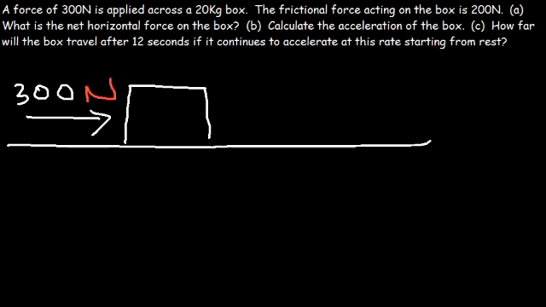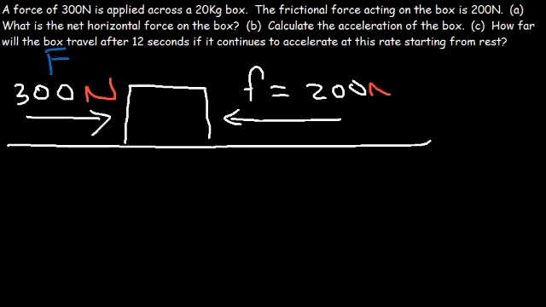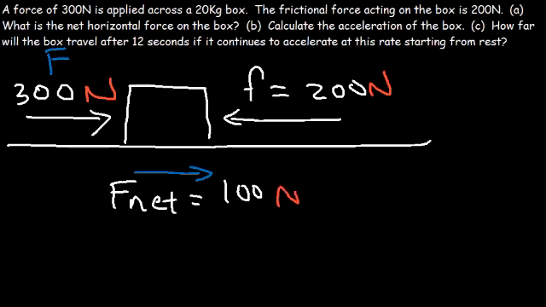So let's call it a capital F. And there's a frictional force of 200 newtons. So the net force is in this direction. The net force is simply the difference between the two forces. So it's 100 newtons directed towards the right if these two forces are in their respective positions.